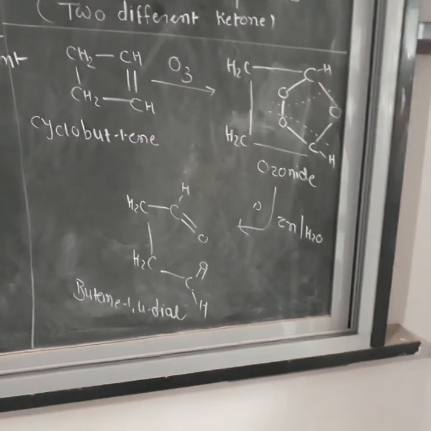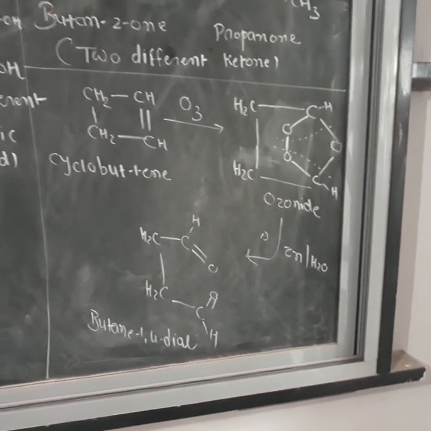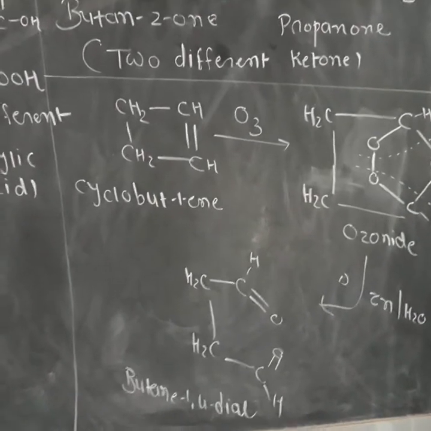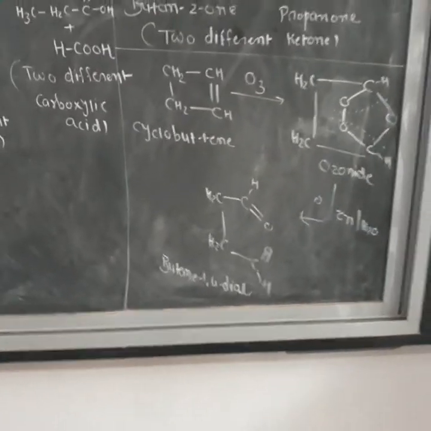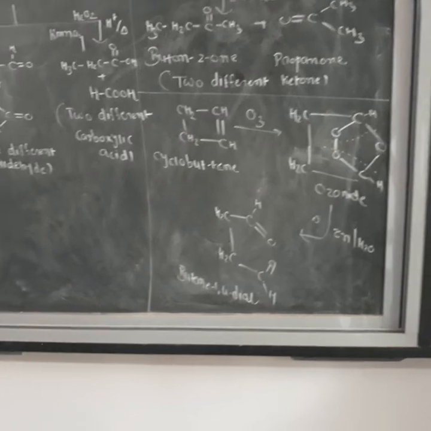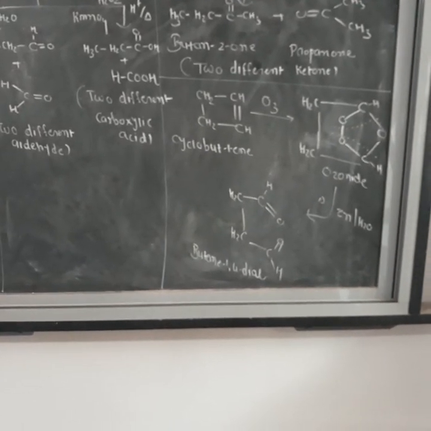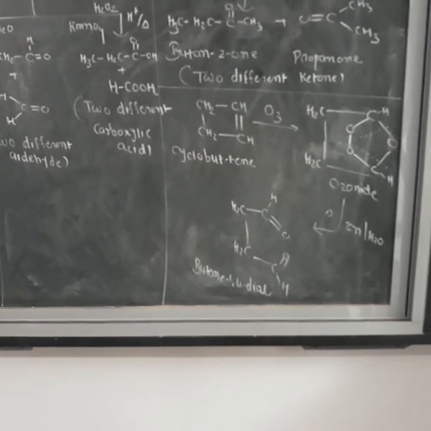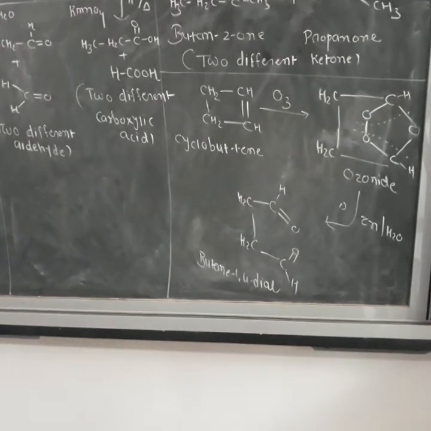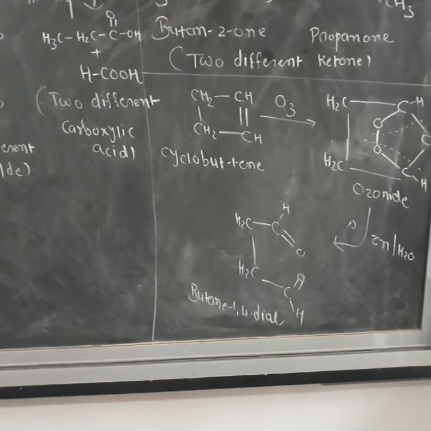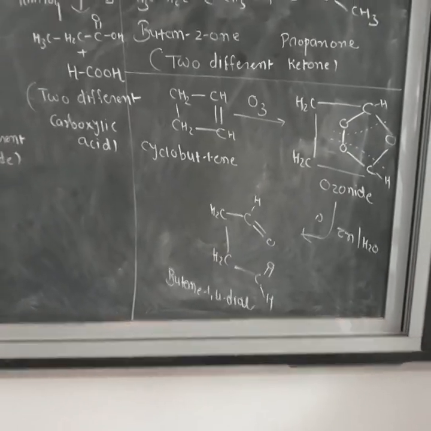Clear? Only one product because it is a cyclic alkene. Cyclic alkene, like if we consider benzene on ozonolysis, how many pi bonds does benzene have? 3. So how many products will be expected on ozonolysis? 3. Yes, 3 moles of glyoxal, CHO-CHO, are obtained as a product.